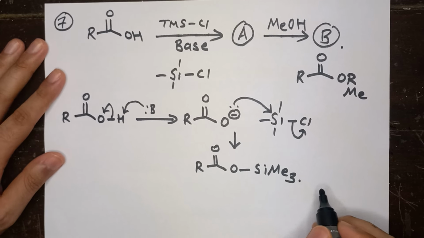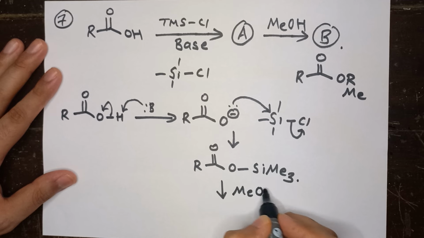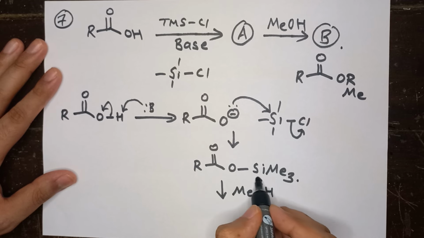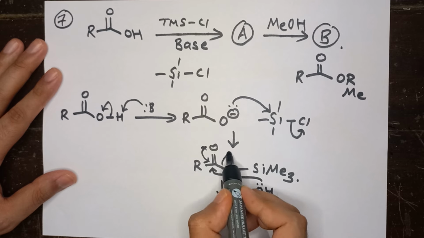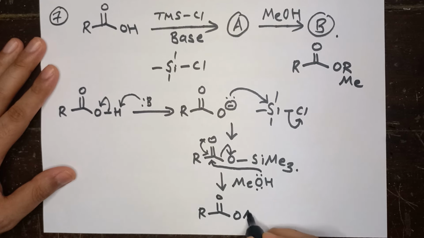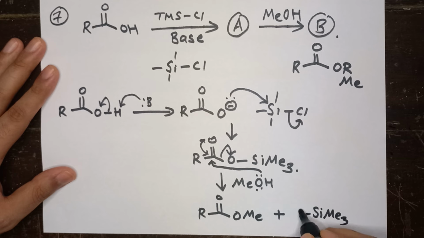Now once you have a methanol, this oxygen lone pairs will attack at this carbonyl, and through conjugation this whole group will leave, giving me the main product O, Me, and the side product SiMe3OH.